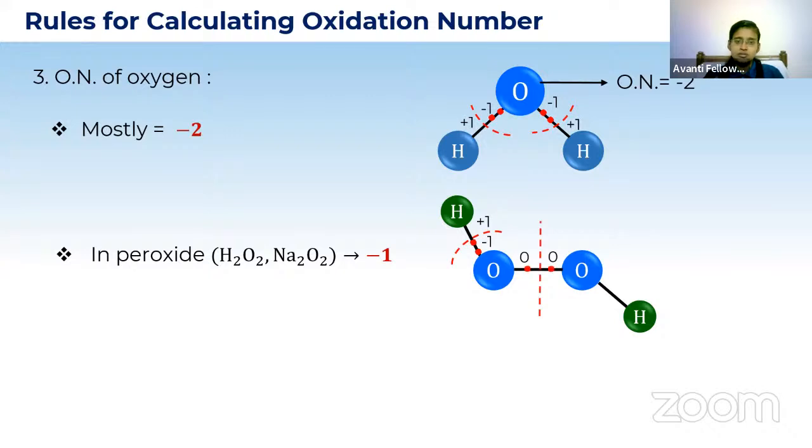It will be 0 with respect to the OO bond. Then for the last bond, oxygen will gain and hydrogen will lose. So the charge acquired by one oxygen in this molecule is minus 1. Got it? That's why in the case of peroxides, oxygen takes the charge of minus 1.